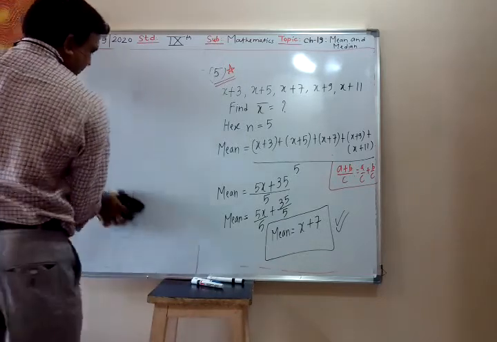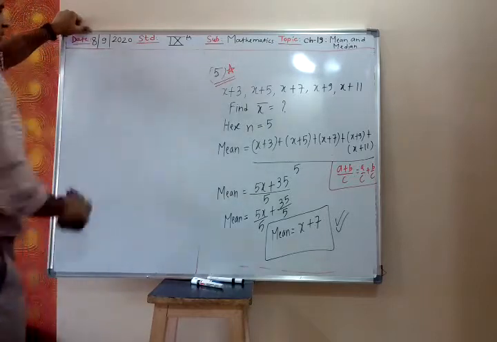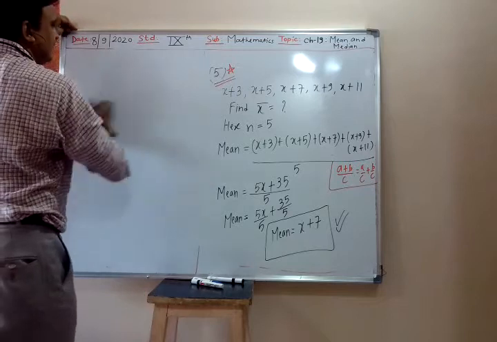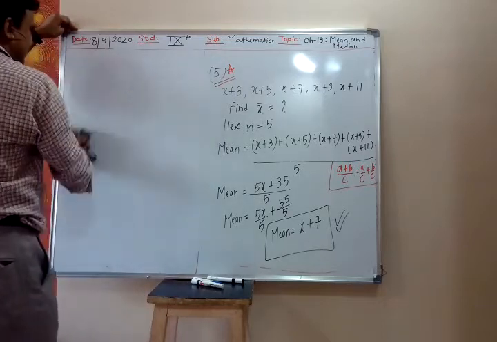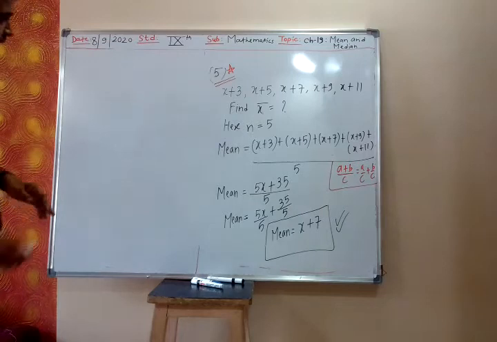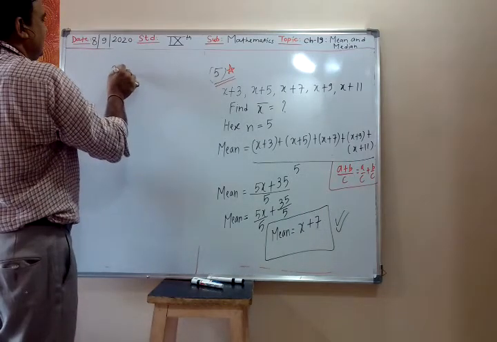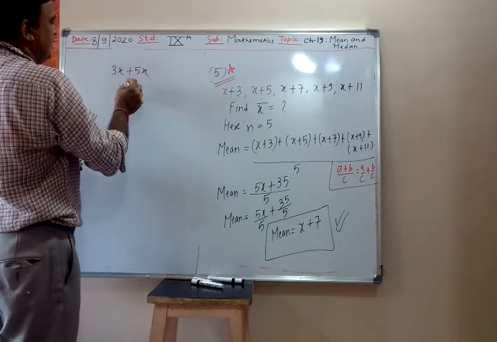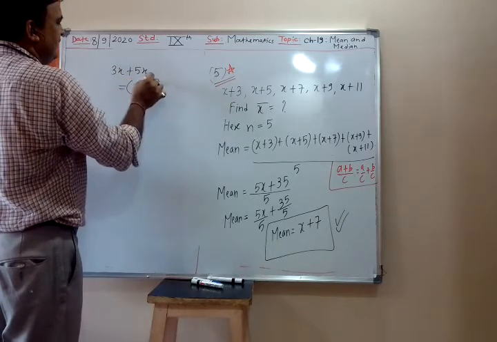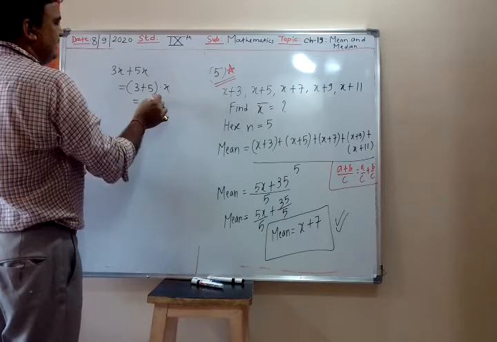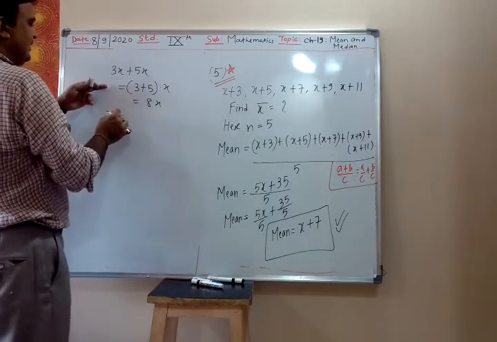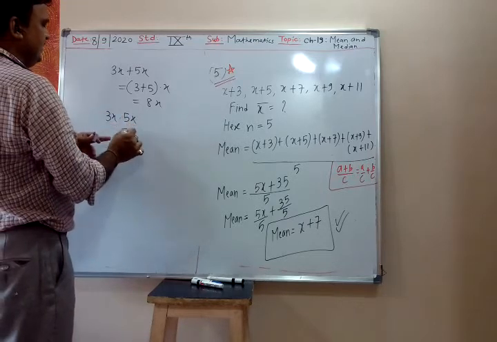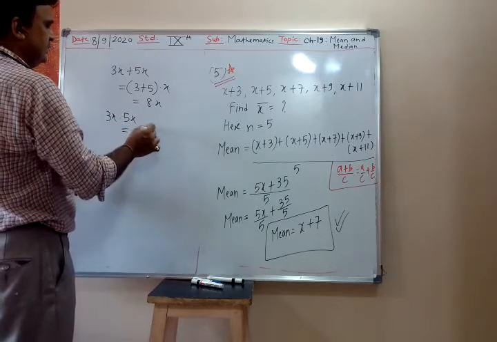So I take x common and add the coefficients 3 plus 5 into x, so that becomes 8x. Whenever there is a multiplication sign, 3x into 5x, we multiply the numbers, 3 into 5, 15, and x into x, x square. So 15x square.